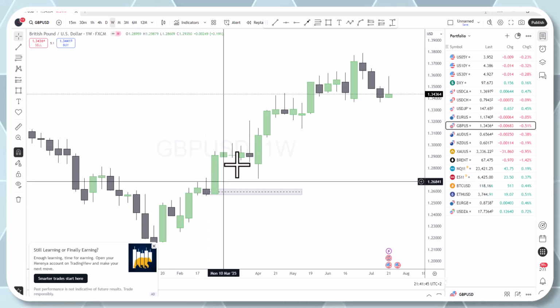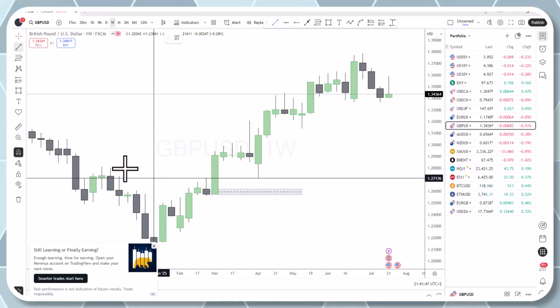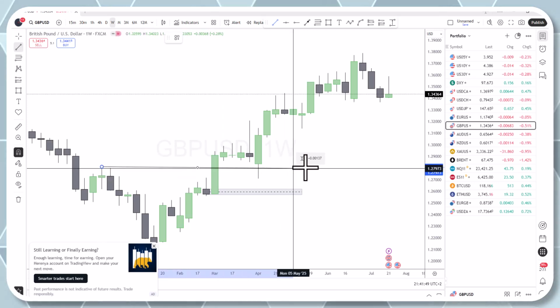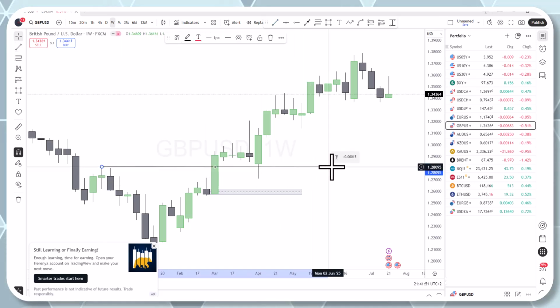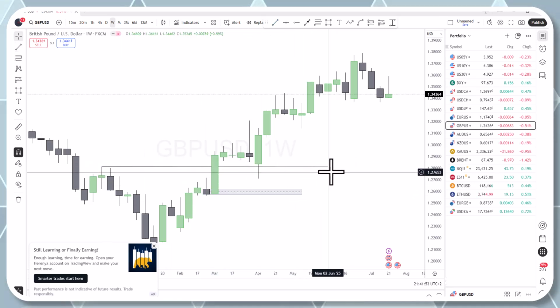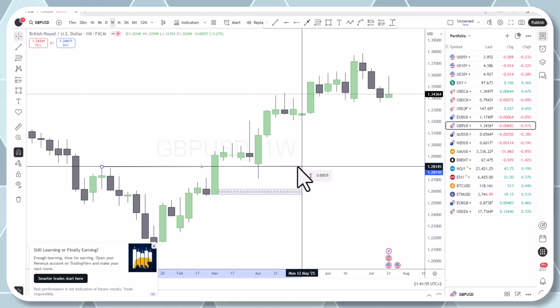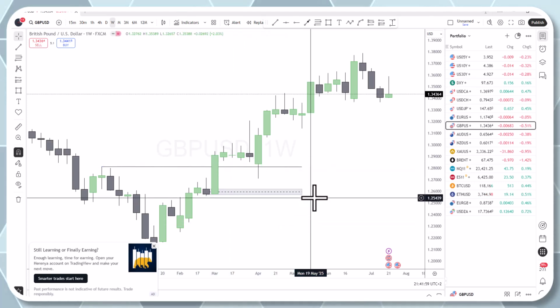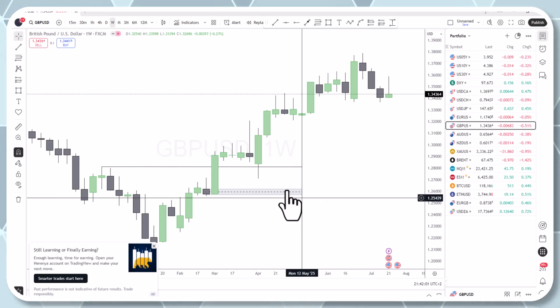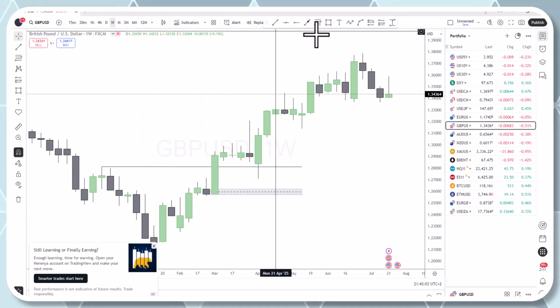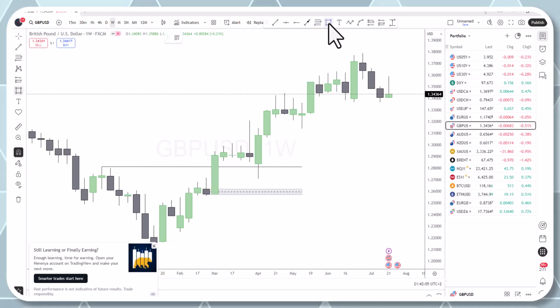So that's number 1. Number 2, we need a break of structure right there. That's a break of structure. Market now going to the upside, and we are looking to buy the market when price returns to our OB. Number 3, we need to mark our fair value gap.